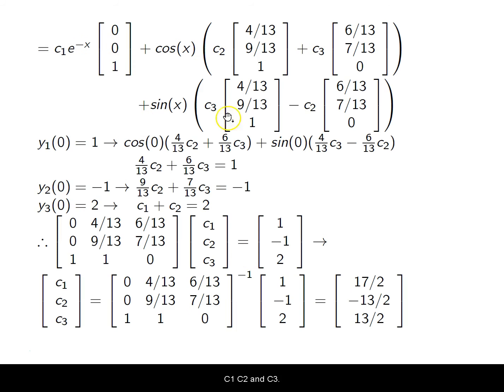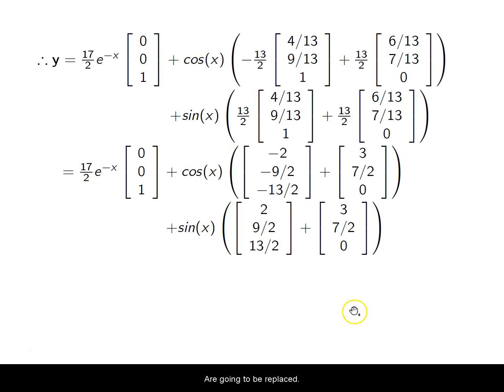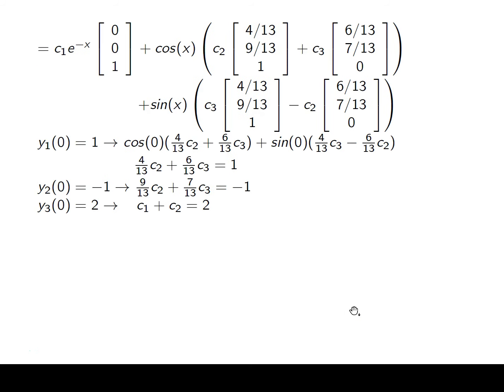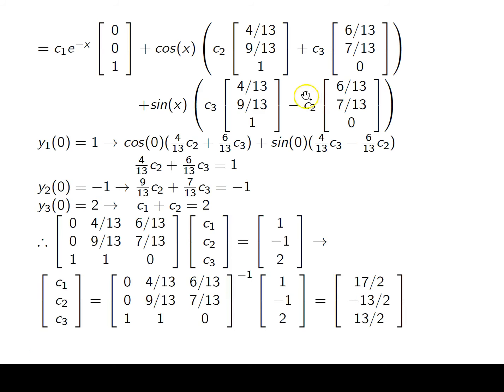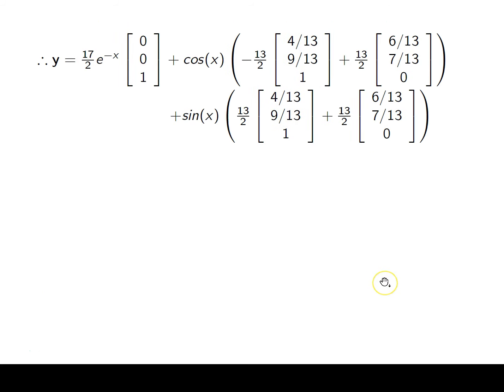C1, C2, and C3 are going to be replaced by the values that I have for them. Okay, so this is me just going through and plugging them in. I literally just plugged them into where they had to go. I haven't done anything yet. This is not okay as a solution though. There's still a lot of work to do.